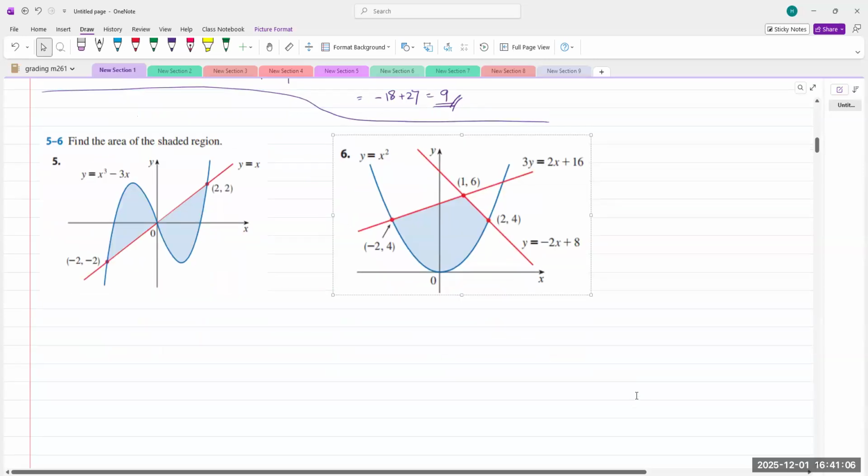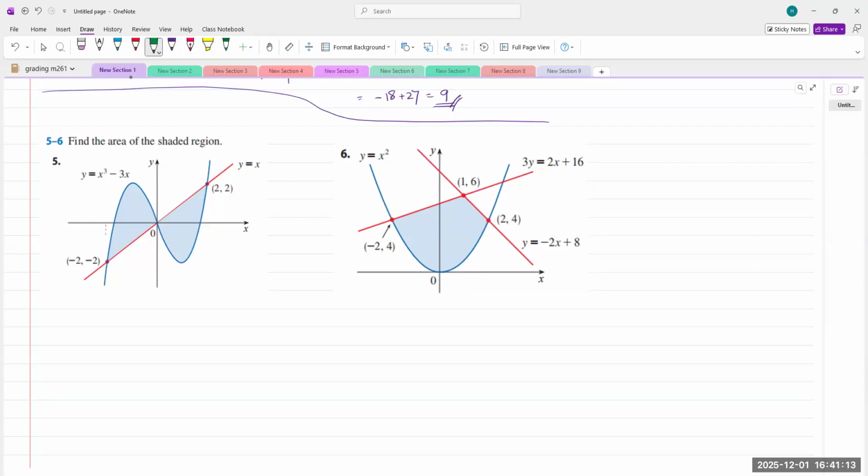Like number 5, for example. Here we see that on the left hand side, the integral will be from x equals -2 to 0, where the blue curve is above, and then to the right of the y-axis we will integrate from 0 to 2, where the red curve is above.